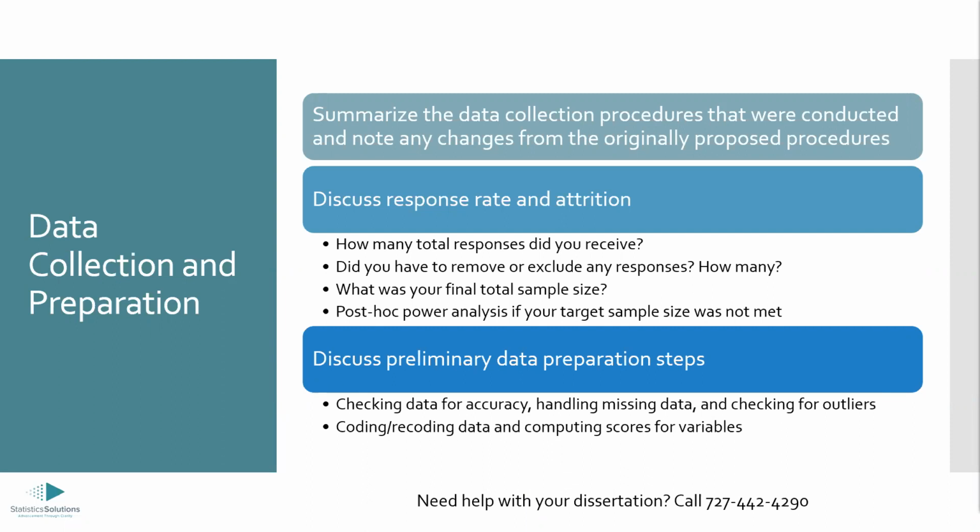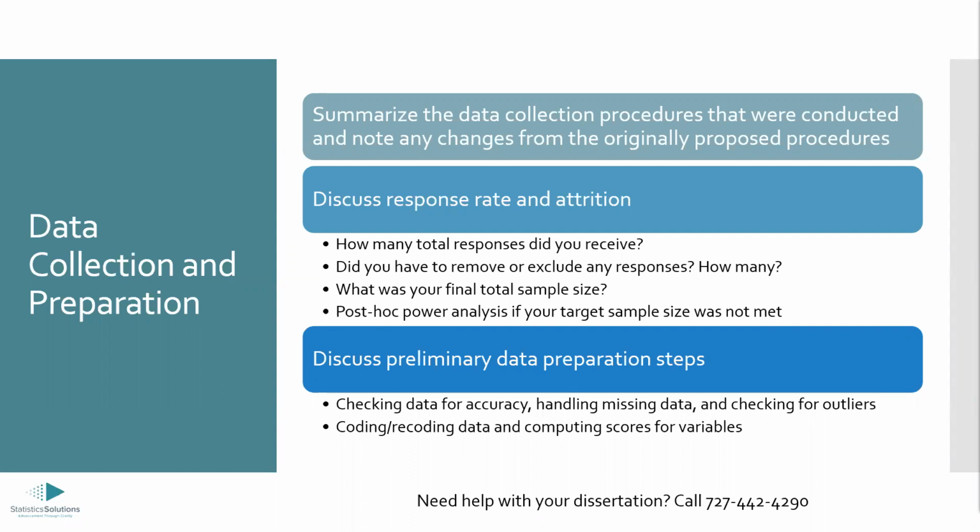And then after you discuss the responses, you'll want to talk about the preliminary data preparation steps that you took to clean up the data and get it ready for the analysis. So this can involve things like checking the data for accuracy, how you handle missing data, and checking for things like outliers.